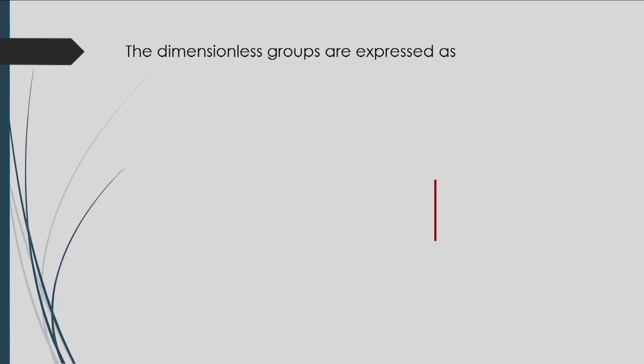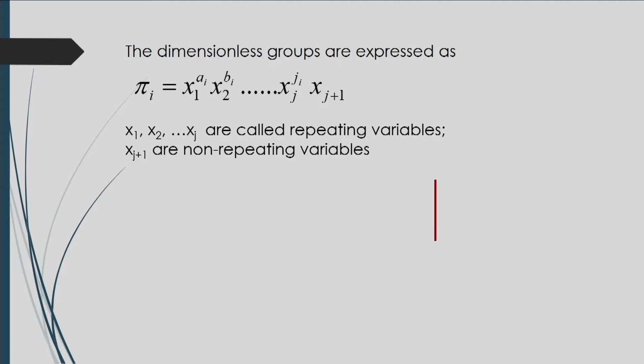Now, the dimensionless groups are expressed according to this Buckingham pi theorem, that pi i will be equal to x1 to the power a i and x2 to the power b i and xj to the power j i, and that into xj plus 1. Here x1, x2, xj are called repeating variables and xj plus 1 are called non-repeating variables.